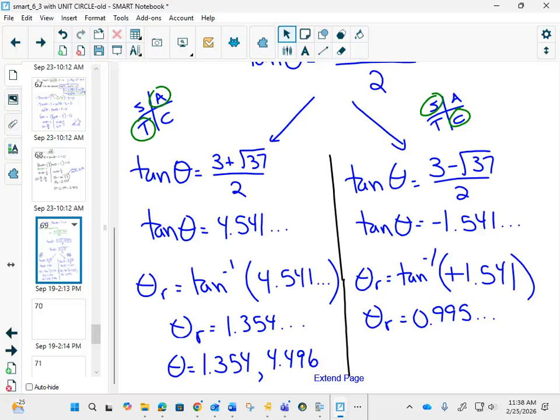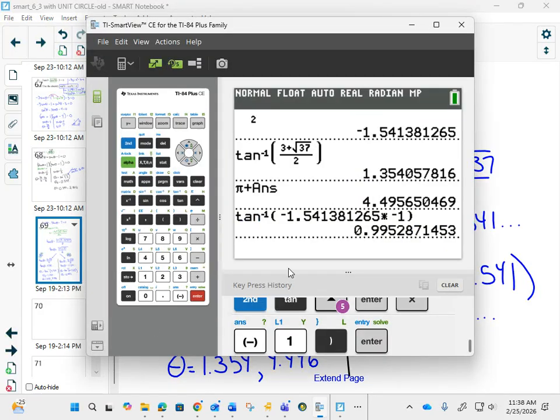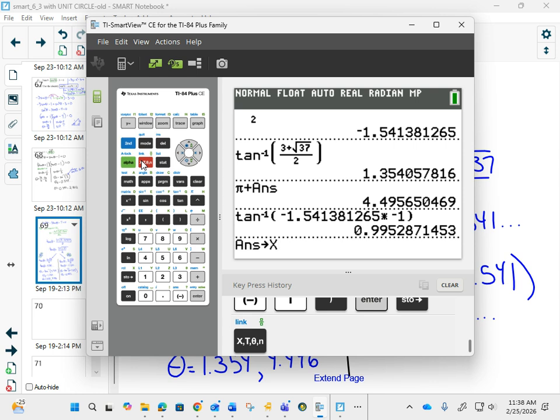So I'm going to show you a nice little trick on your calculator. Once you get an answer that you know you're going to use more than once, above your on button is a store button. If you hit that store button, it says, where would you like to store your answer? You can actually choose any letter you want, A, B, C, D, E, F, G, whatever you like. I often just pick X because it's the easiest. I don't have to click a second button.